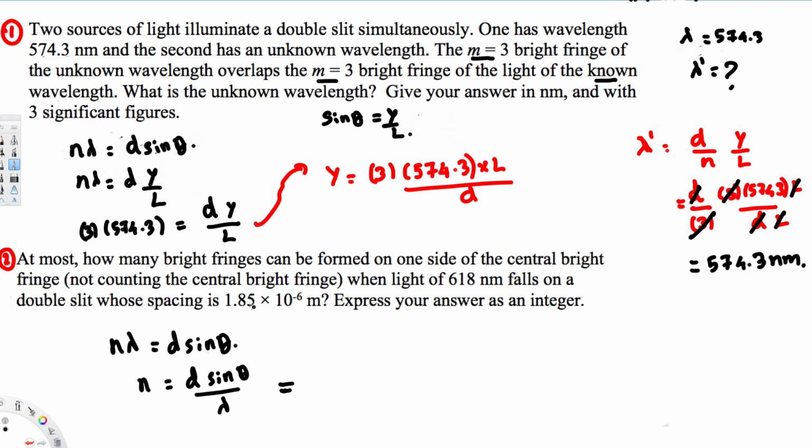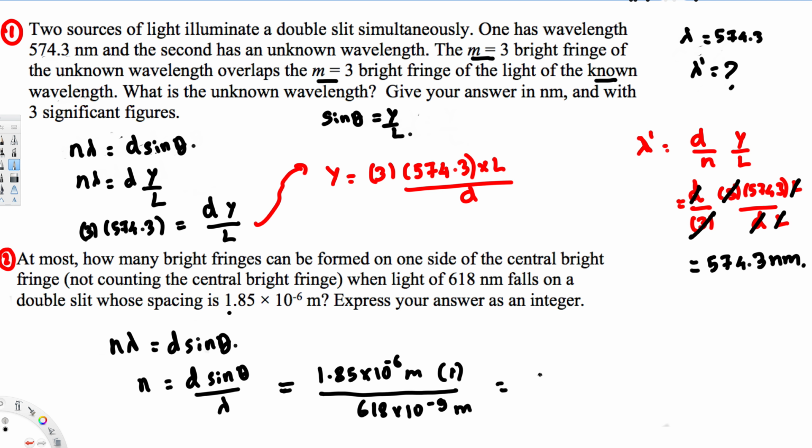And d is the slit separation, that is 1.85 times 10 to the power of minus 6 meter, and sine theta is going to be 1 at maximum, and then lambda is going to be 618 times 10 to the power of minus 9 meter.